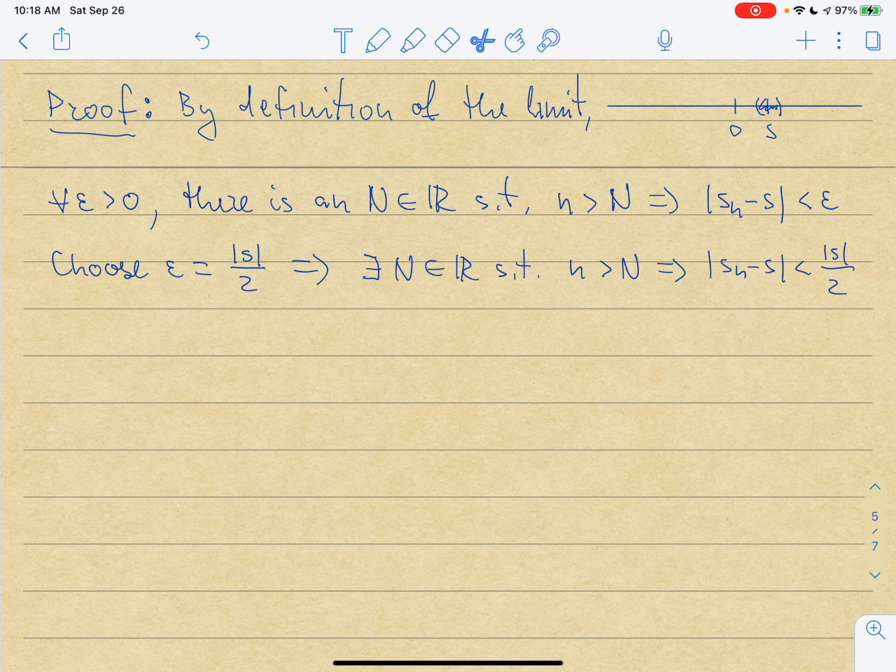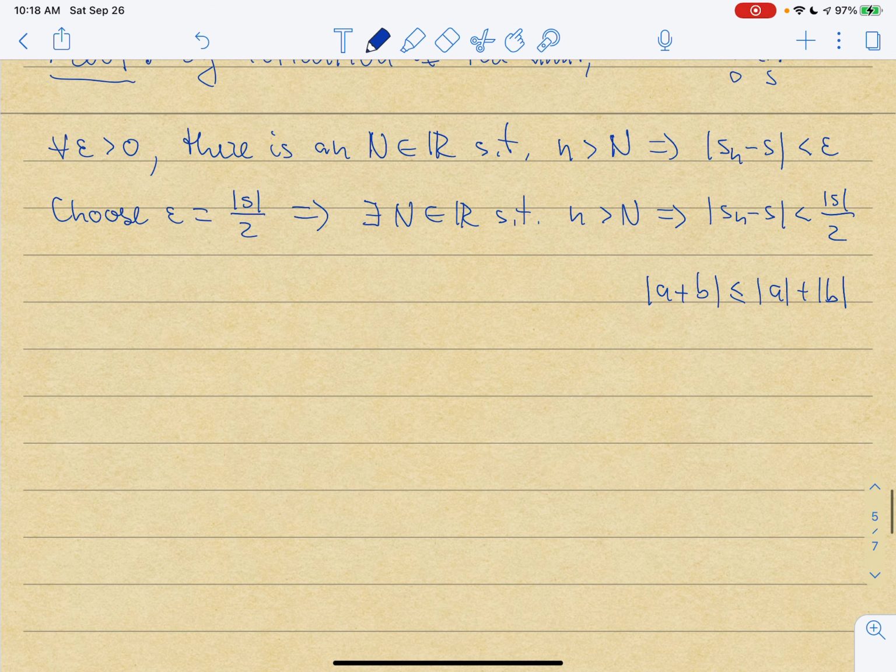We will need the following statement, which I'm going to prove separately now. So let's suppose that I have my triangle inequality: absolute value of a plus b is less or equal than absolute value of a plus absolute value of b.